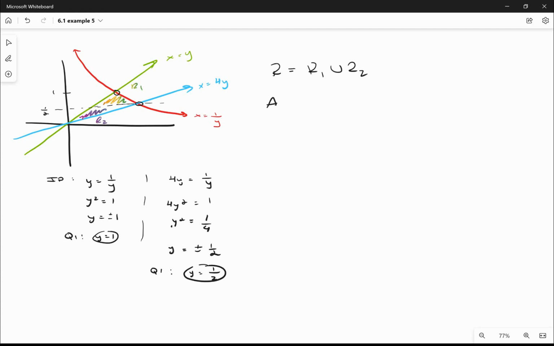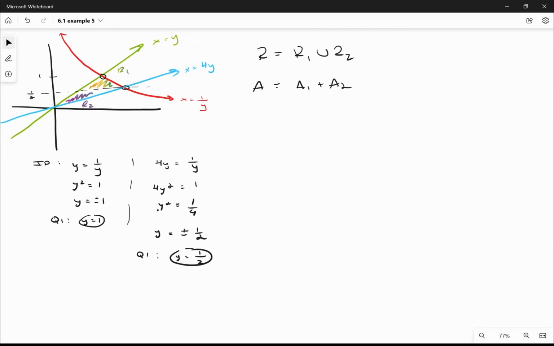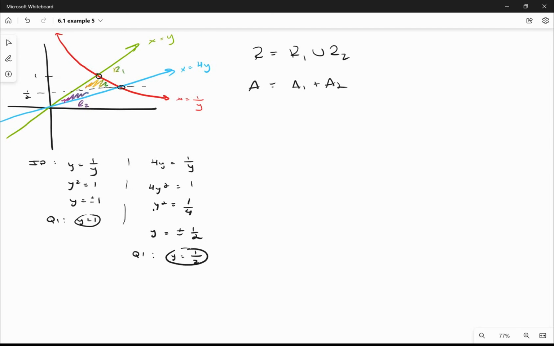And so the area is just going to be A1 plus A2, where A1 is the area of region 1 and A2 is the area of region 2. So we have to find A1 and A2.